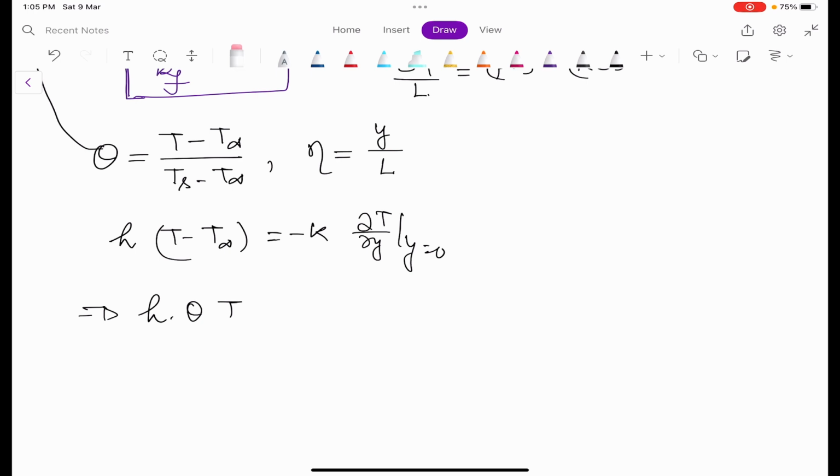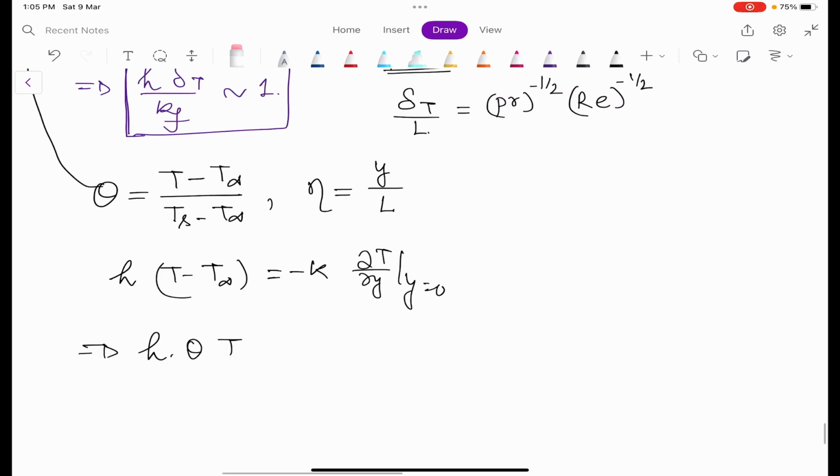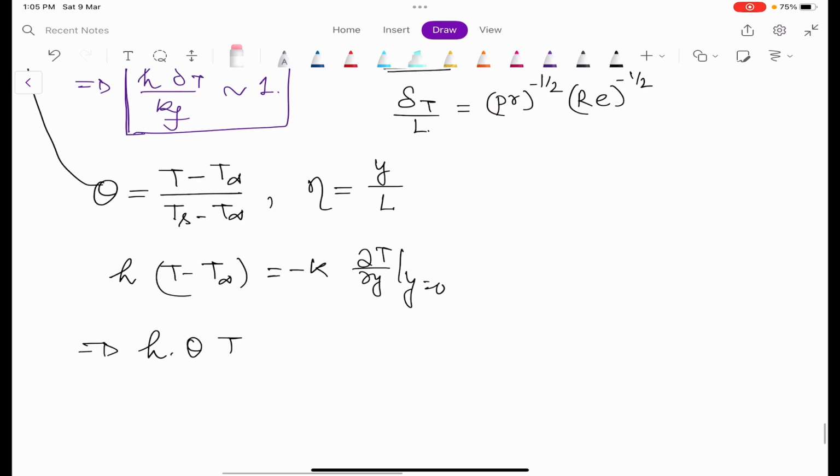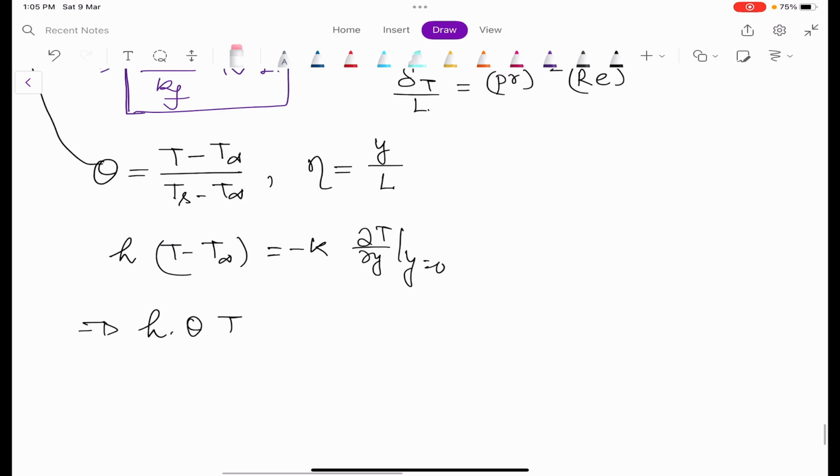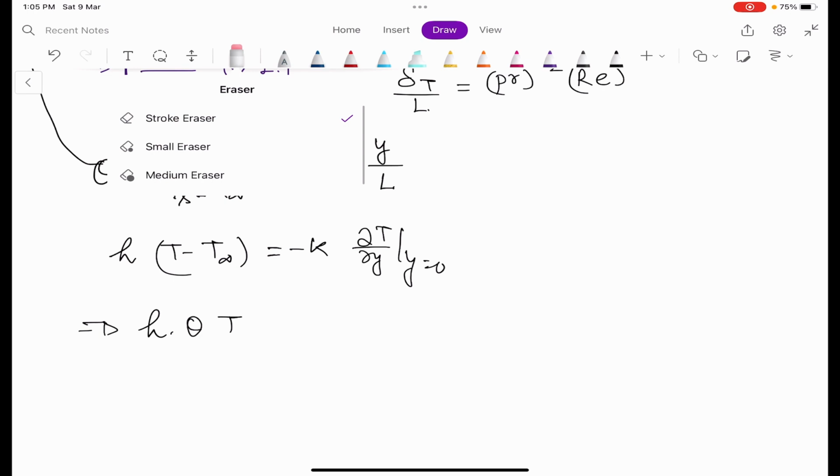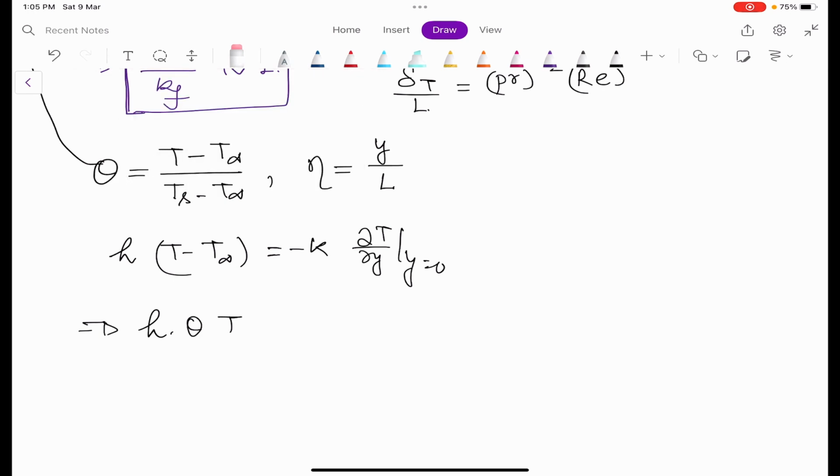This T is the flat plate temperature. So this will be h into theta into Ts minus T infinity. This will be equal to kf, and this will be del theta by del eta. Now you should be comfortable with this. How can I write this?